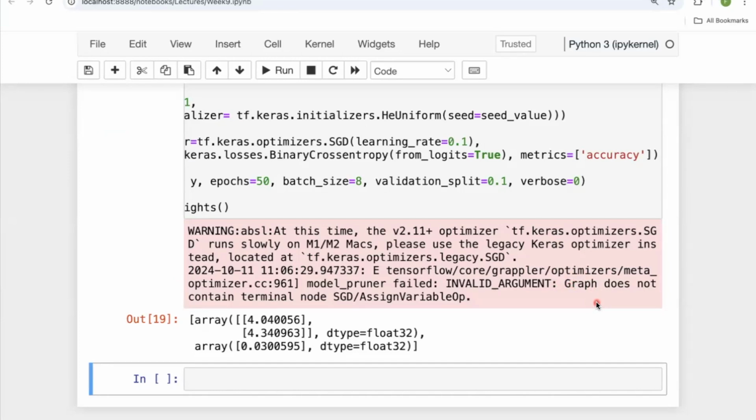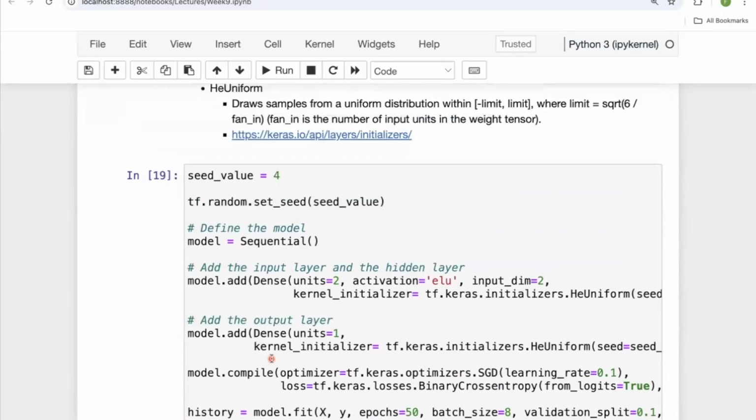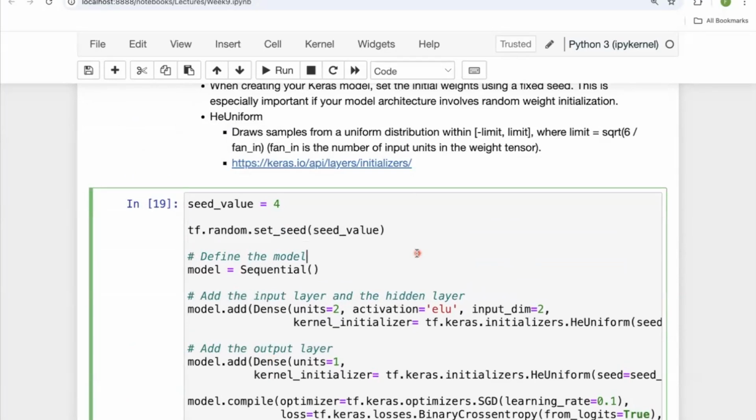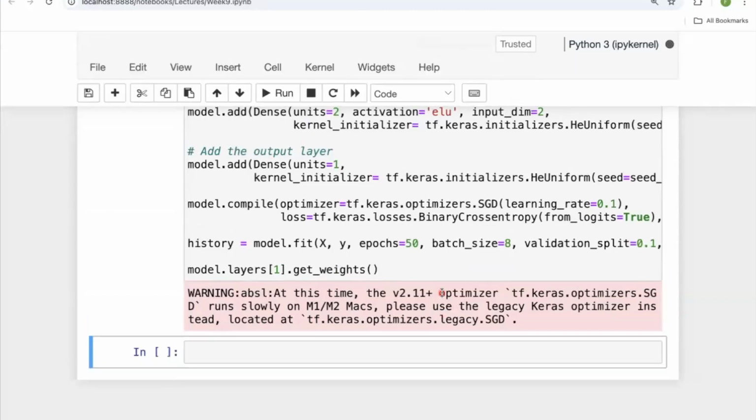Sometimes you may want to look at those, and sometimes you may want to just reduce the amount of things getting printed. In this case, I really want to look at just the weights for the output layer, the 2 by 1. So we get 4.04, 4.34, and this is the bias. Let's run this cell one more time and see if we get the same or very similar results or not.